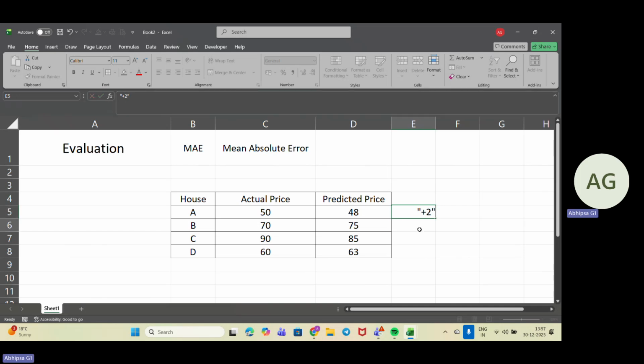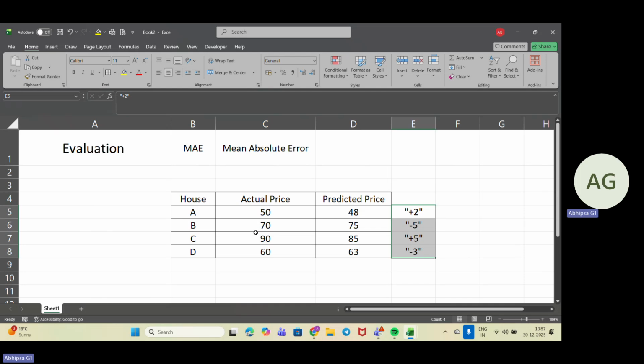Now taking it down, 70 minus 75 is minus 5. About 90 minus 85, that is plus 5. About here, 60 minus 63, that is minus 3. Okay, so these are the values we have got.